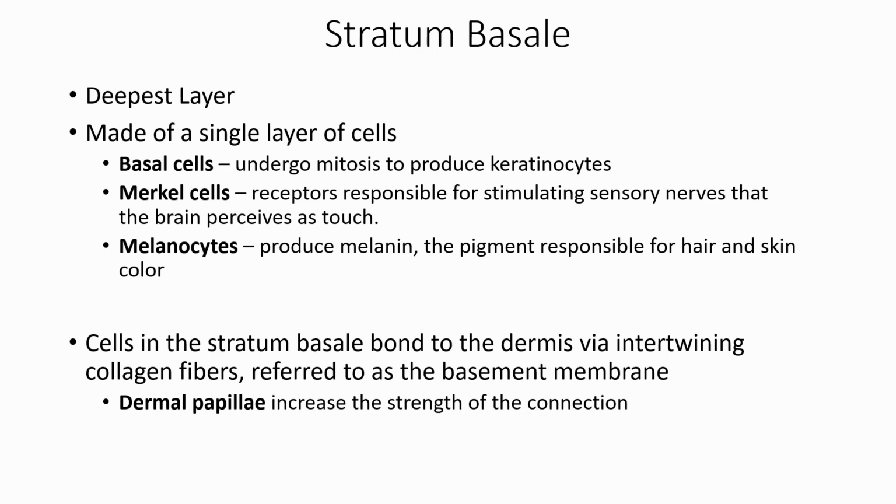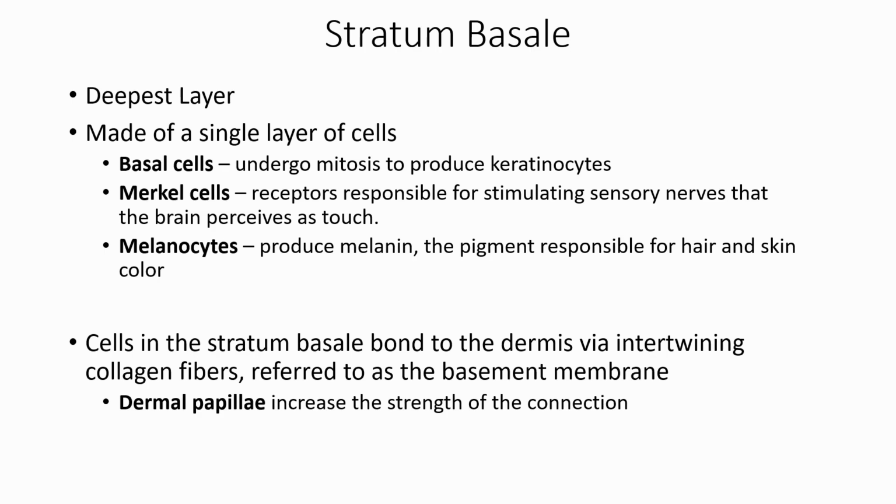The cells in the stratum basale are actually kind of stuck to the dermis. They're kind of intertwined with collagen fibers, and so we call this the basement membrane too. These collagen fibers form this anchoring system for the epidermis to hold on to. The dermal papilla, if you notice looking at the pictures, it's not a straight line all the way across.